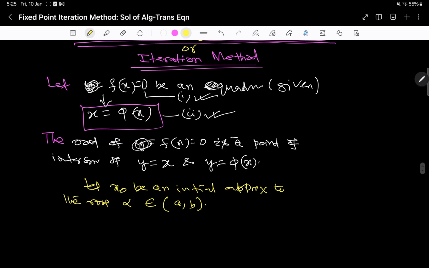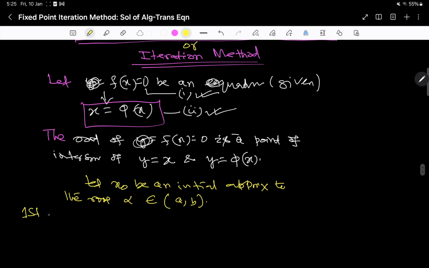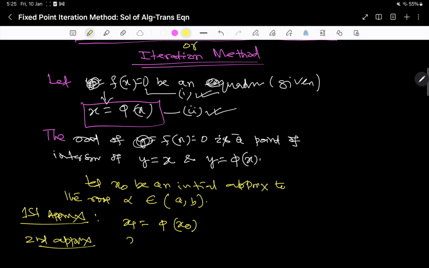So the first approximation will be x1 = phi(x0), and the second approximation will be x2 = phi(x1).